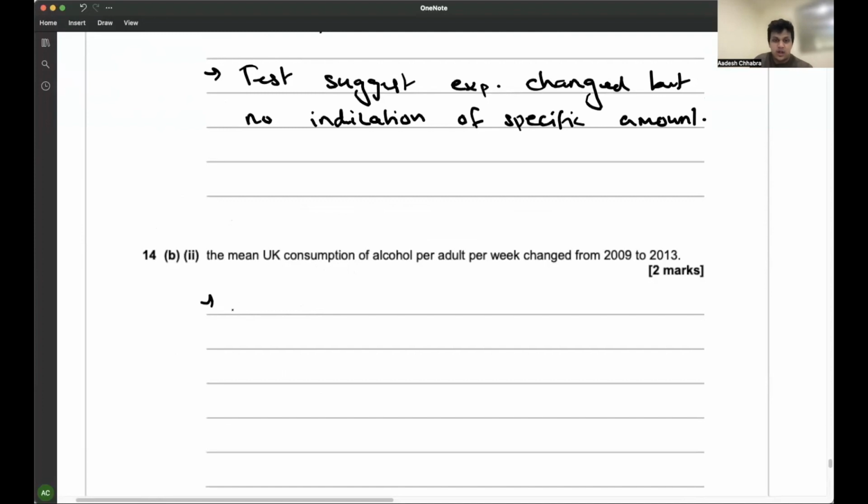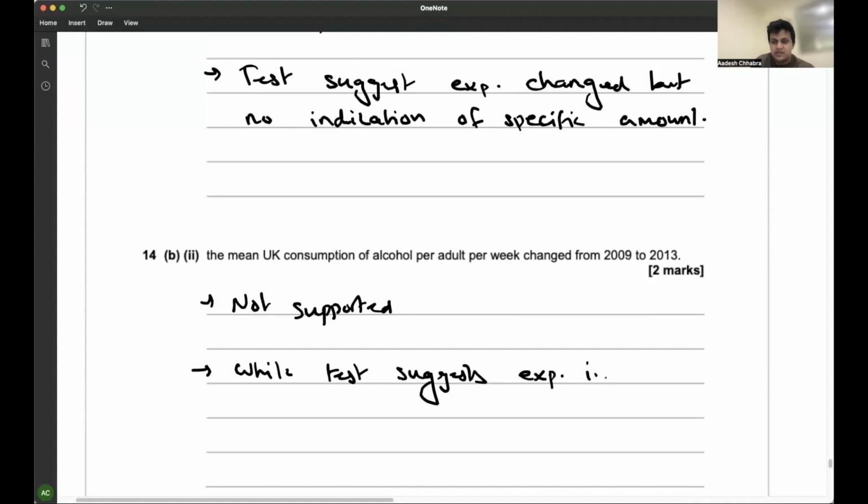So essentially, we can conclude that this is not supported again, because while the test suggests that expenditure increased, this may not be due to a consumption increase.